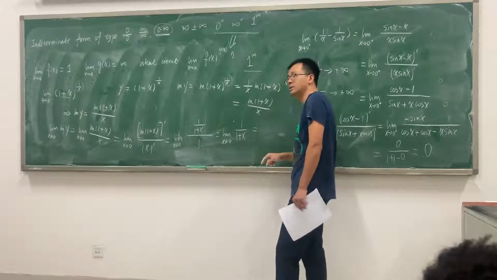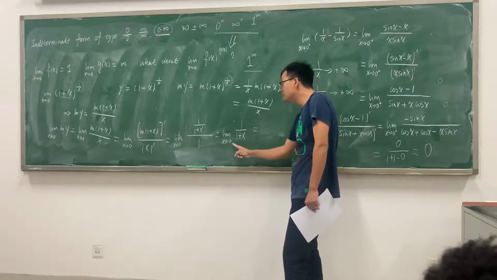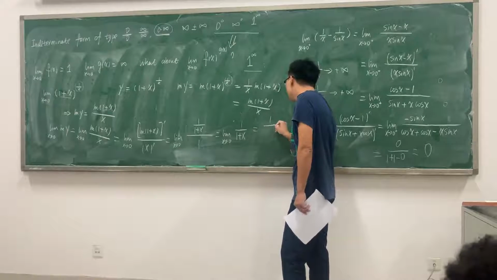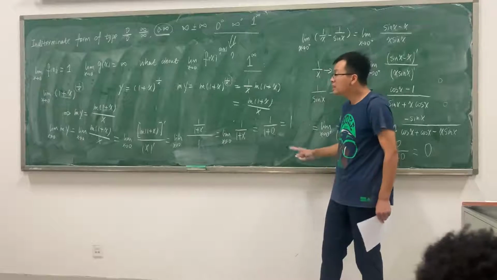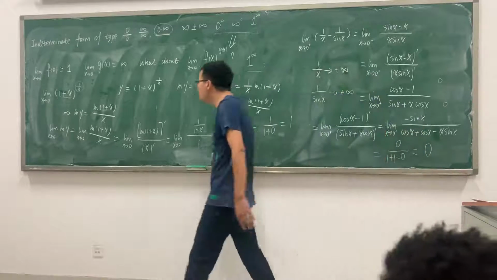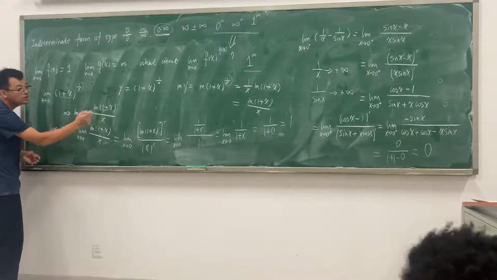As x approaches 0, it's 1 by 1 plus 0, so it's 1. So this means when x approaches 0, ln y approaches 1.